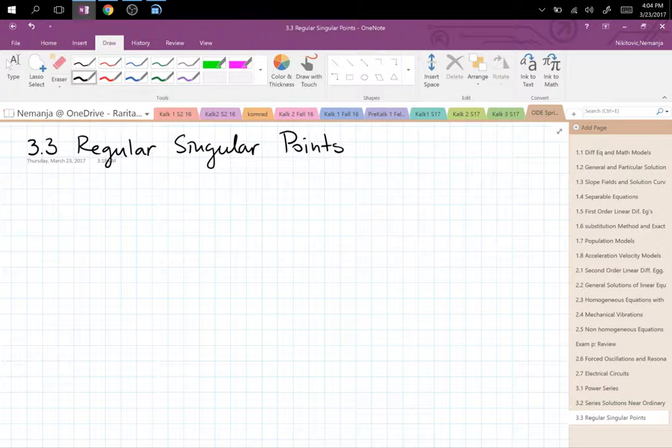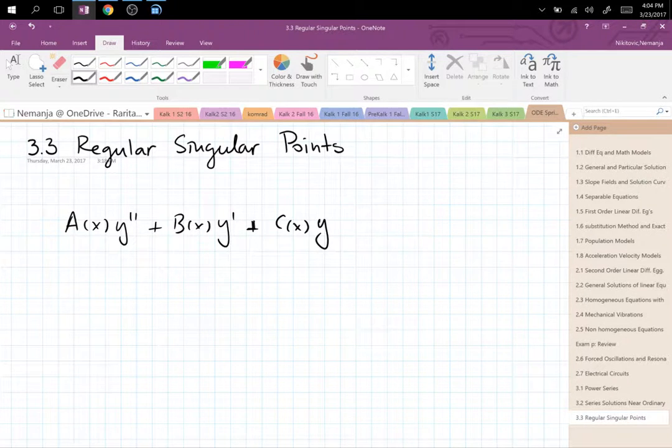We have a method of solving equations when they're constant coefficients, but what happens if each one in front is a function? So if we have a(x) y double prime plus b(x) y prime plus c(x) y equals 0.